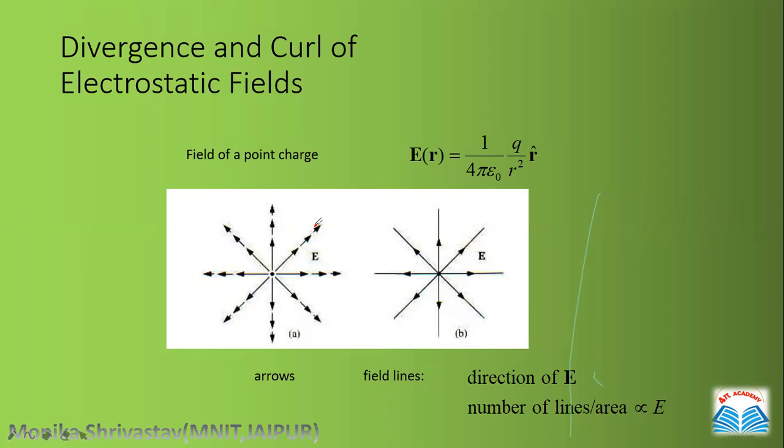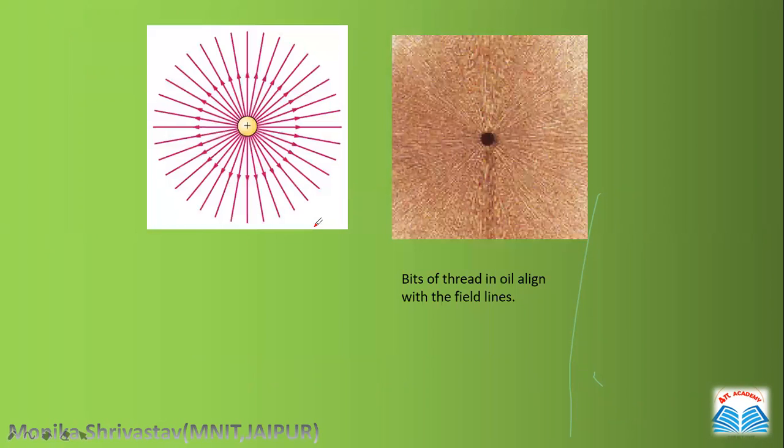From this diagram, we want to convey that the number of lines per area, meaning flux, is proportional to the electric field E, which you already know from Gauss law. So basically the concept of divergence starts from here.